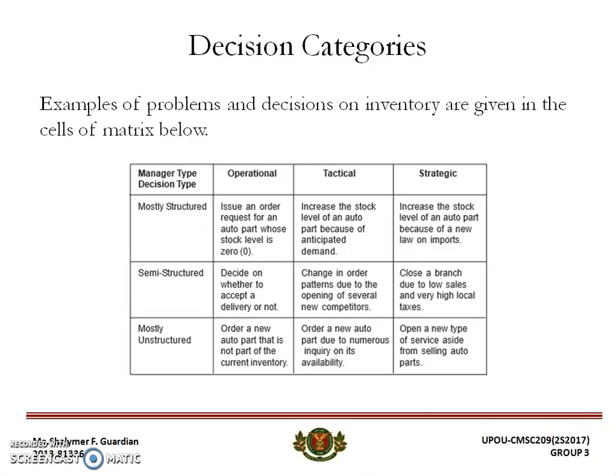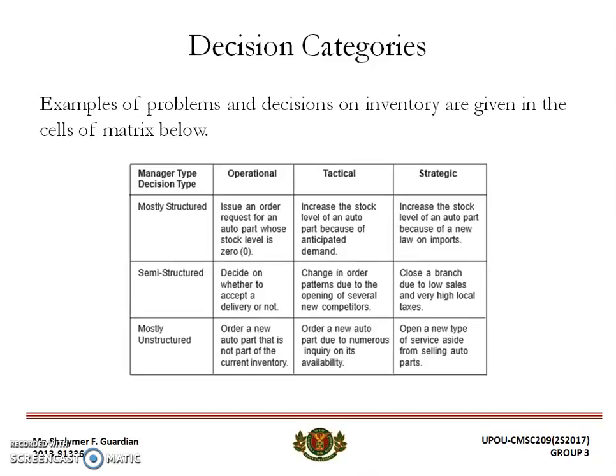Operational, mostly structured: issue an order request for an auto part whose stock level is 0. Tactical, mostly structured: increase the stock level of an auto part because of anticipated demand. And strategic, mostly structured: increase the stock level of an auto part because of a new law on imports.